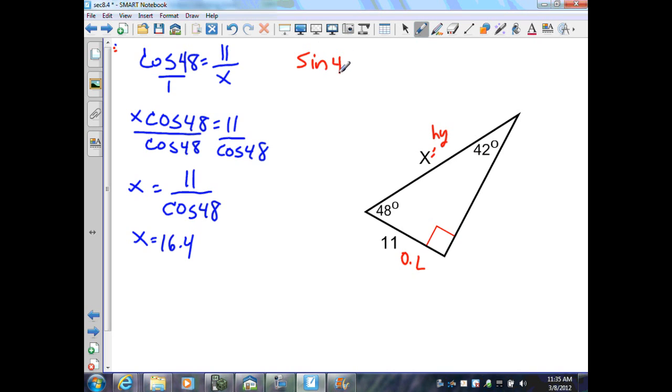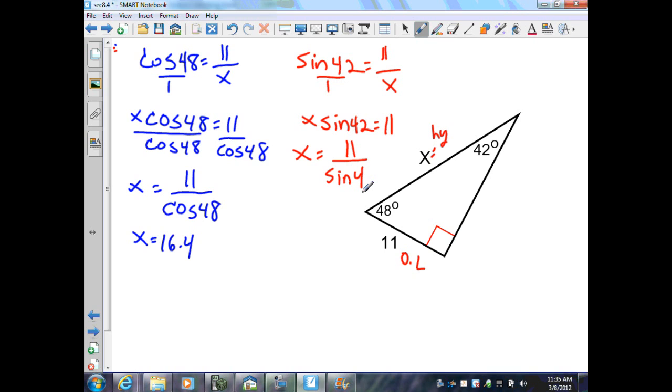The sine of 42 degrees equals opposite, which is 11, over the hypotenuse, which is x. When I set up a ratio, I get x sine of 42 degrees equals 11. Divide by sine of 42 on both sides, and I get x equal to 11 over the sine of 42.